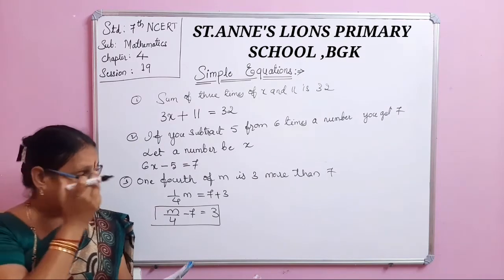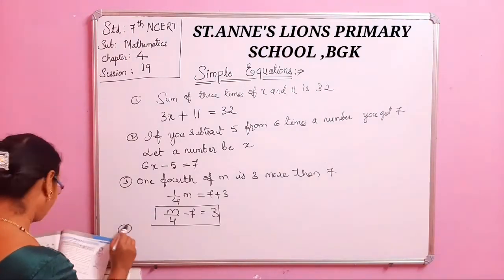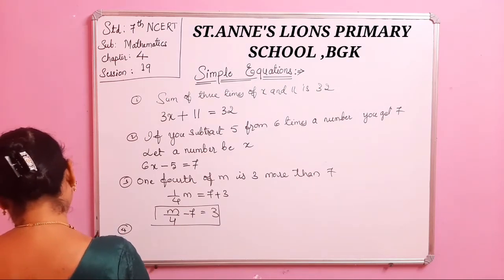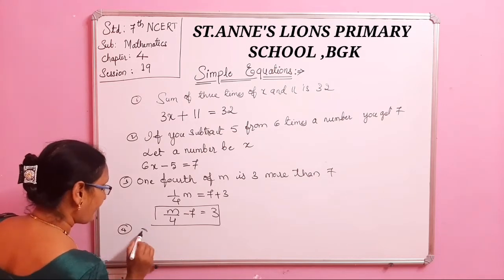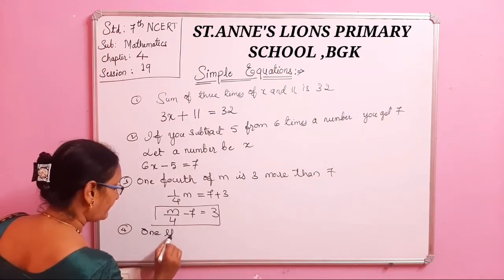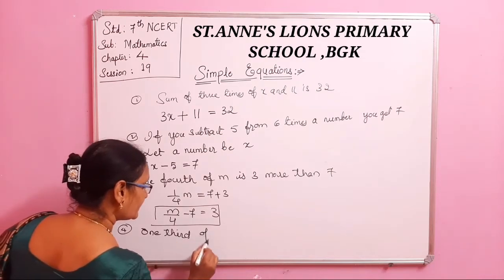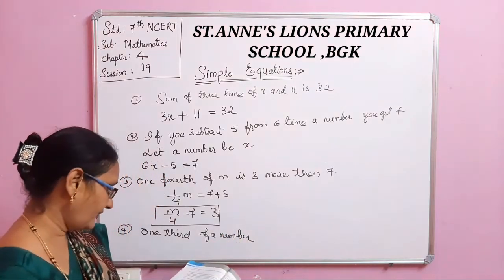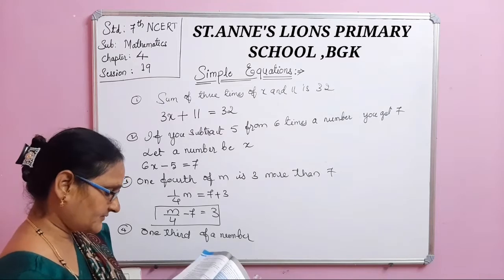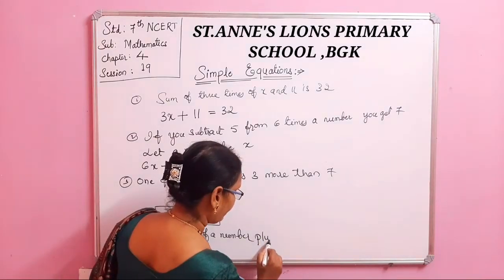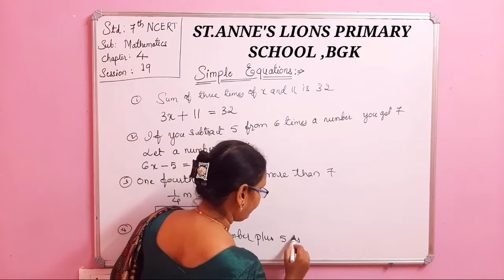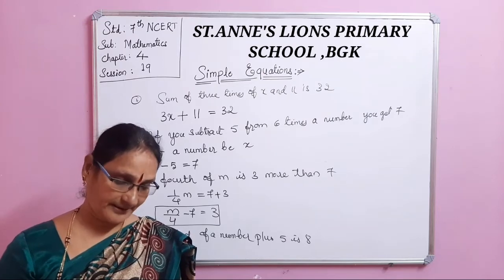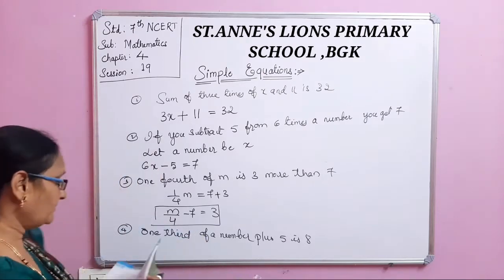Okay. Then next one, the fourth example. That is, take the number. See, 1/3 of a number plus 5 is 8. 1/3 of a number means 1/3 of a number.